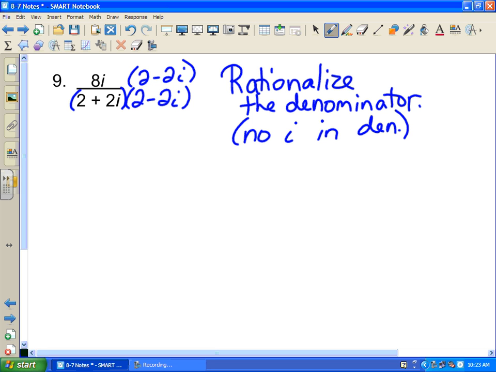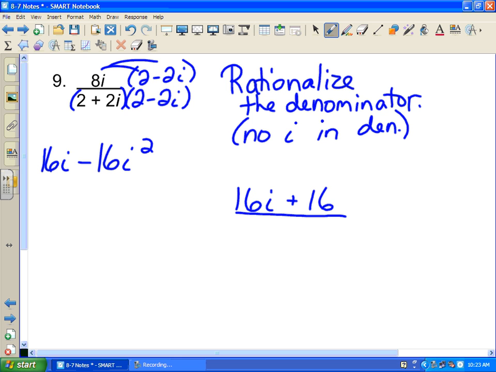Okay, on the top, distribute. 16i minus 16i squared, or 16i plus 16. Over. Okay. Denominator, what do I need to do? Foil, but just do the first and last because they're conjugates. 2 times 2 is 4. 2i times negative 2i is negative 4i squared, which is plus 4.